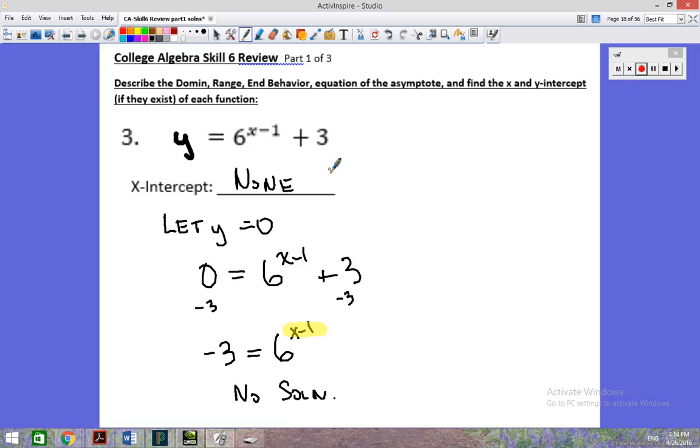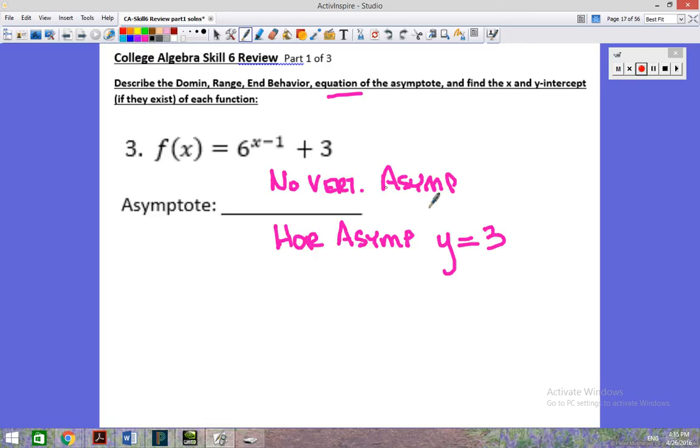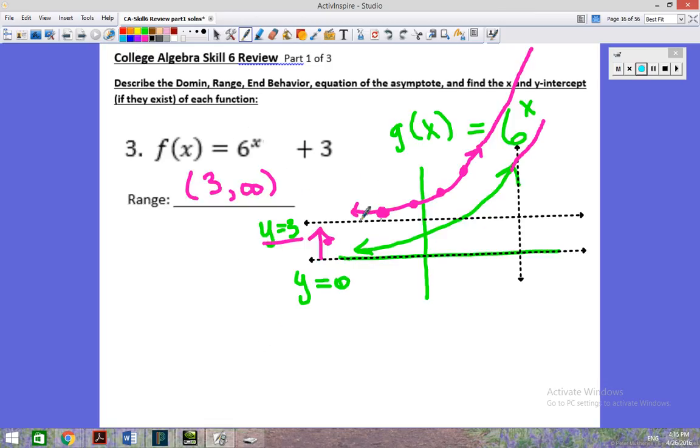This graph, let's think about what the graph looks like. Remember, it had been lifted up 3 units. So it's this one that's in this pinkish red.